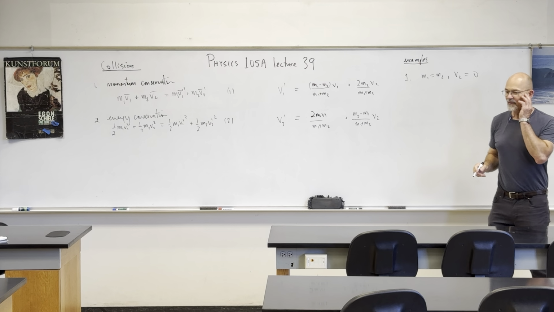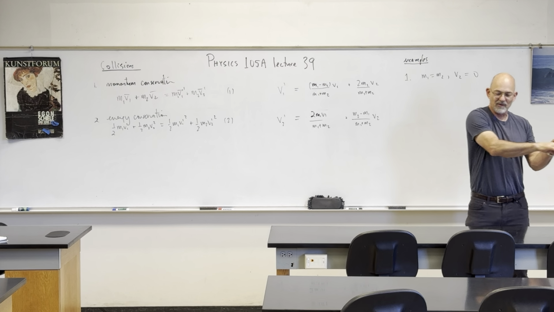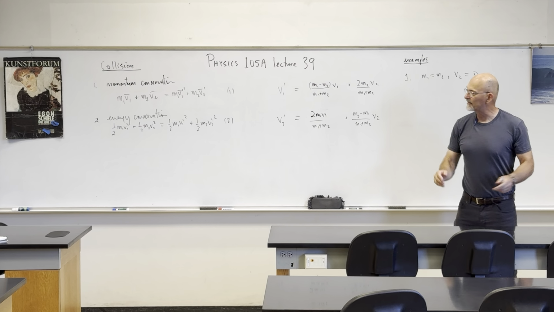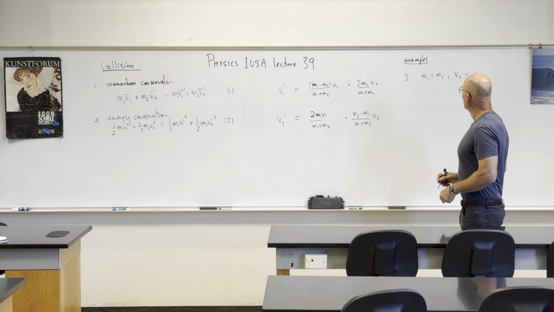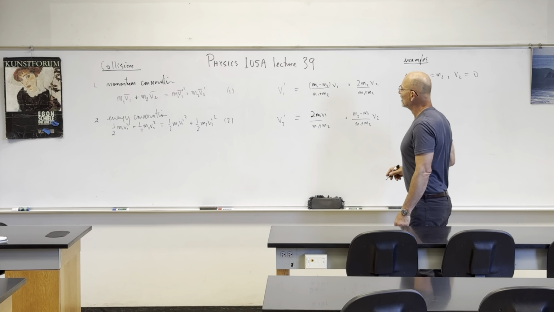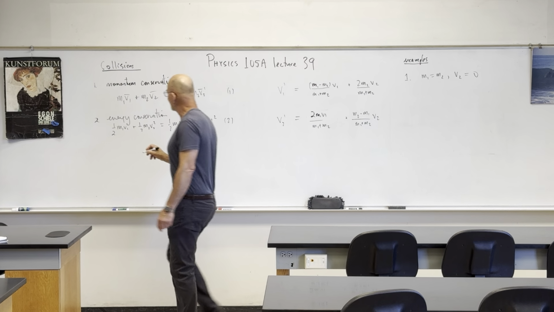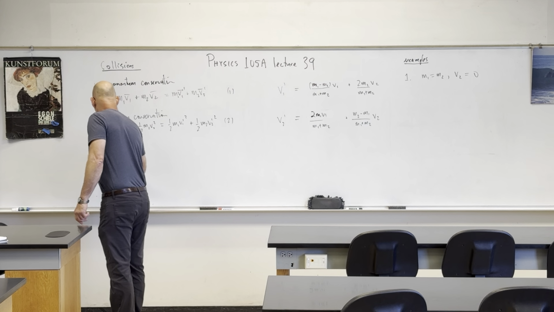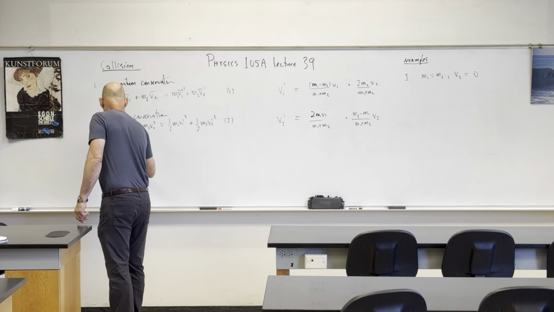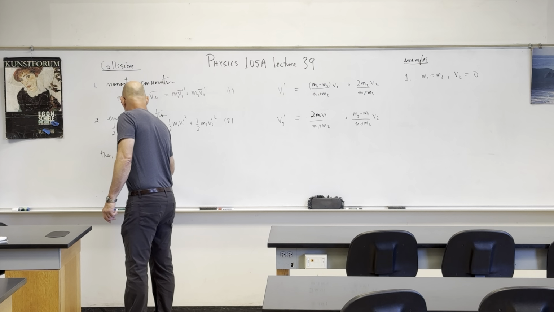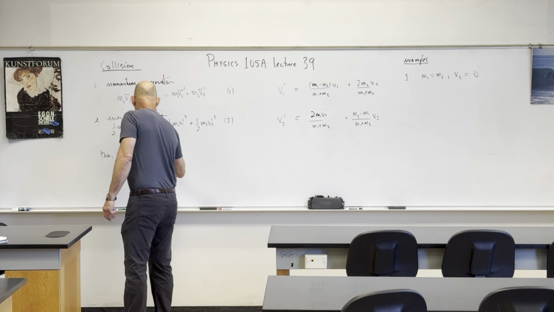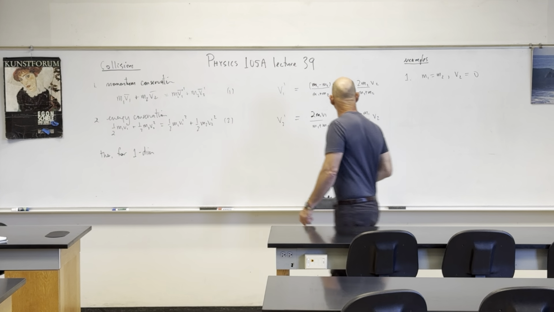Because that's the one we're always showing when we send something across the track and it collides, and so forth. For one dimension, that's what we got here.